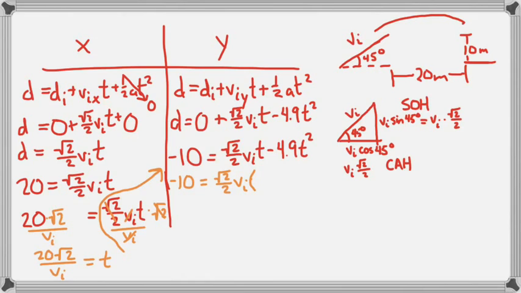So let's make a parentheses, 20 root 2 over v sub I, and minus 4.9, and now I see a t squared, so I have to replace the t with this expression right here. So let's make a set of parentheses, and since I have to square the t, I better square whatever value I replace t with. And let's put 20 root 2 over v sub I.